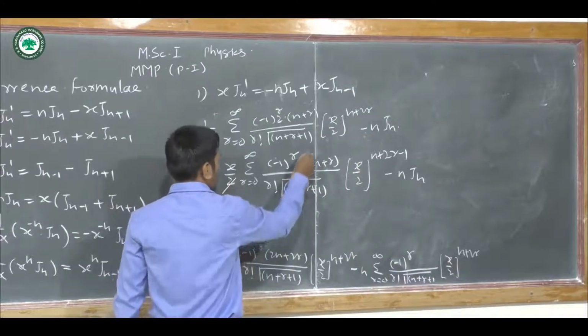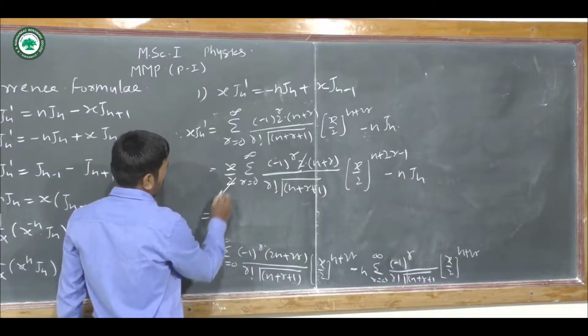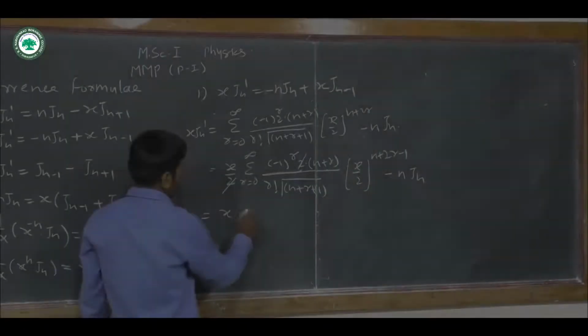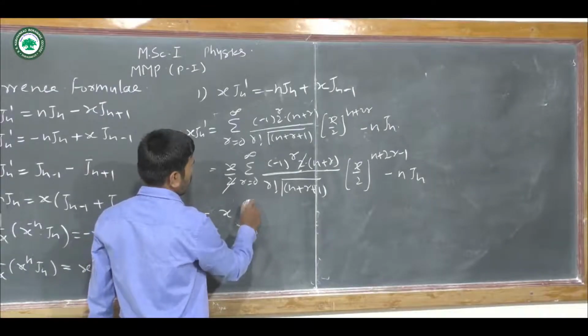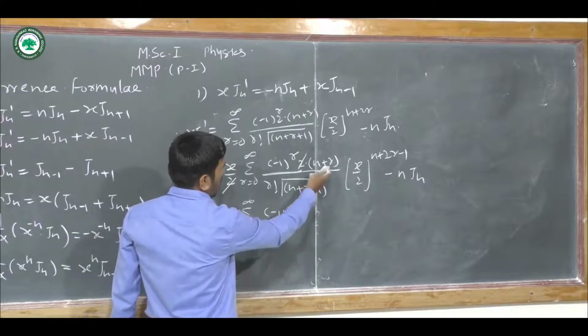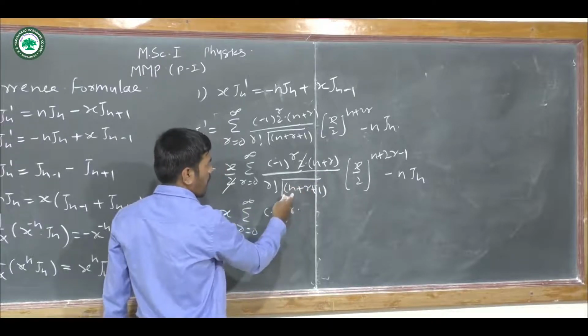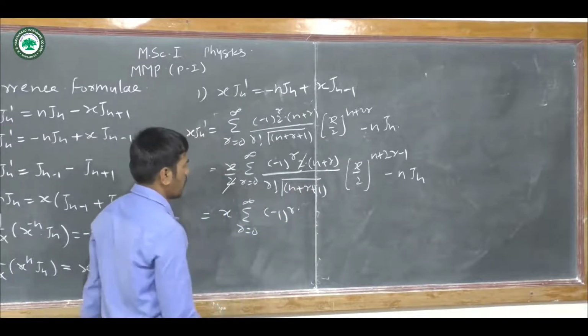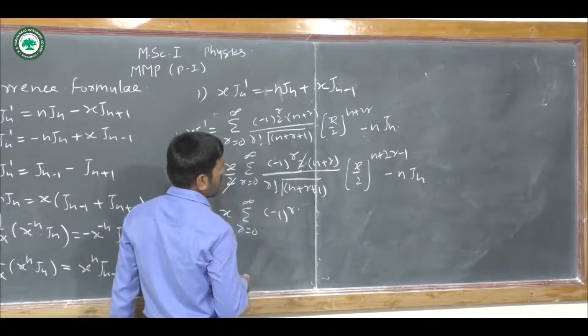So this 2 and this 2 will cancel out, and the x summation r equals 0 to infinity, minus 1 power r. Now this n plus r divided by gamma n plus r plus 1, we can write 1 by gamma n plus r.